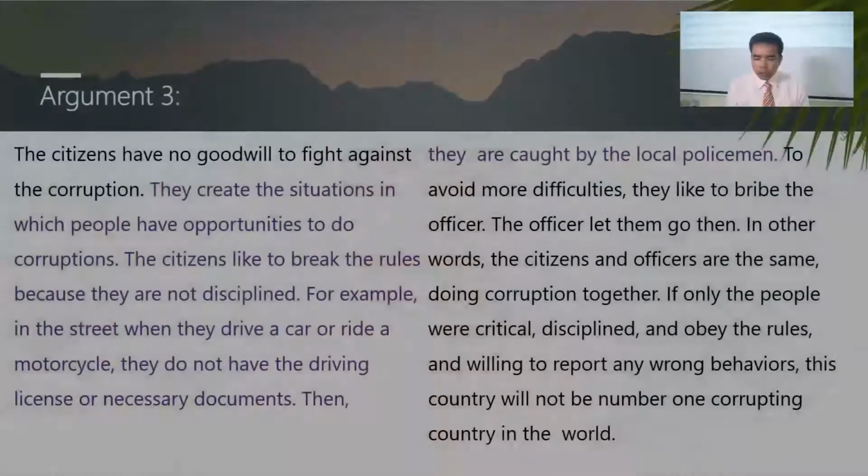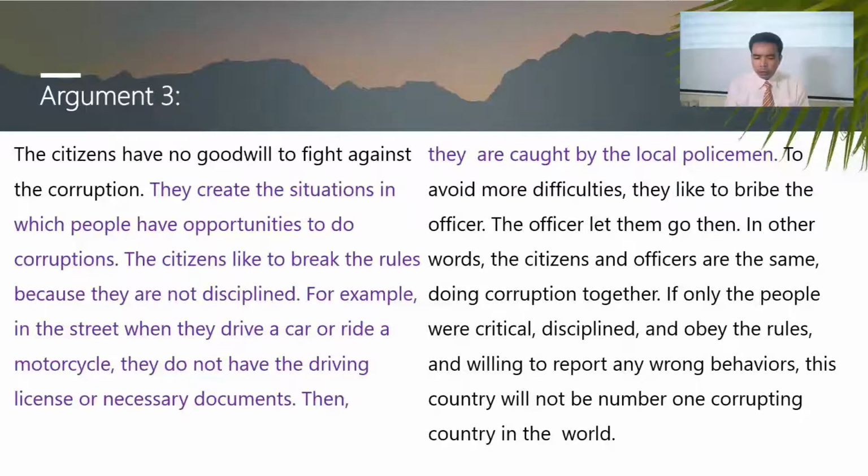They create a situation in which people have opportunities to do corruption. The citizens like to break the rules because they are not disciplined. For example, on the street when they drive a car or ride a motorcycle, they don't have the driving license or necessary documents. Then they are caught by the local policeman.